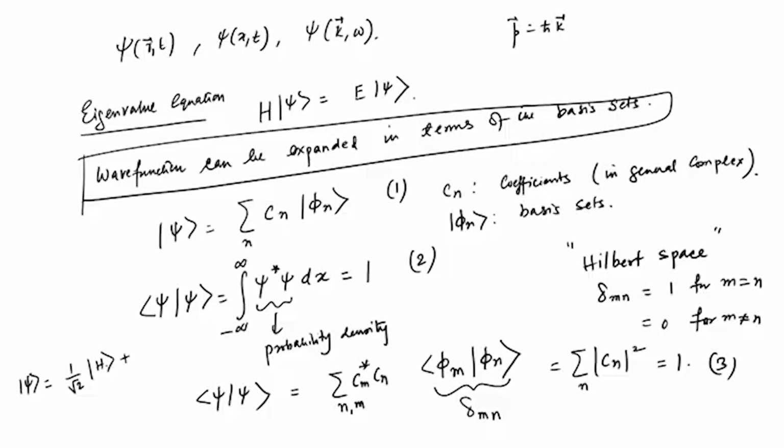The probability is C n mod square, which is half. So, the wave function for this coin will be 1 by root 2 in the head state, plus 1 by root 2 in the tail state. I am writing head with an h.